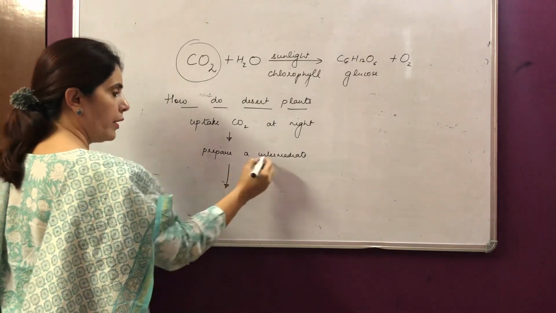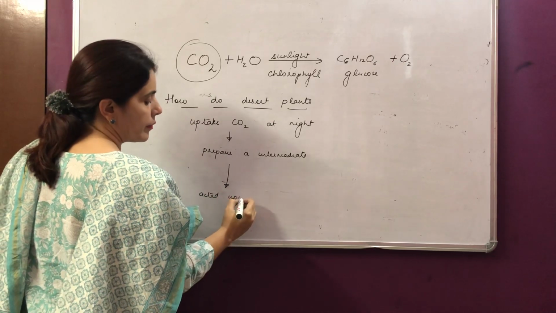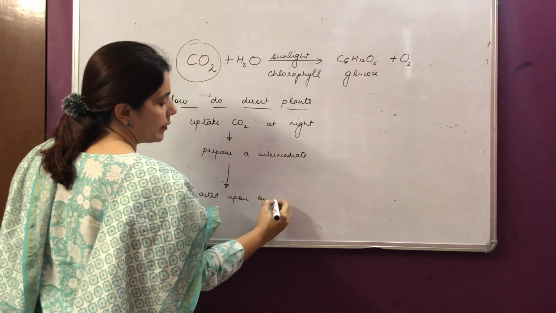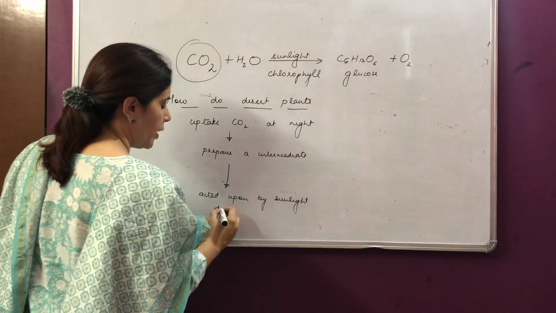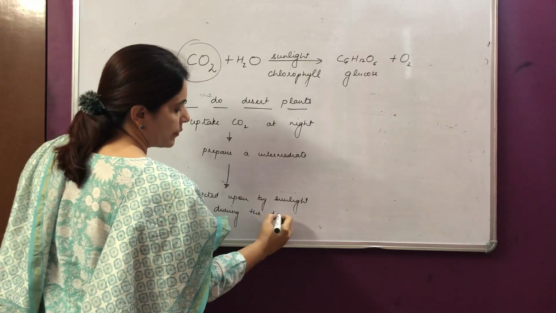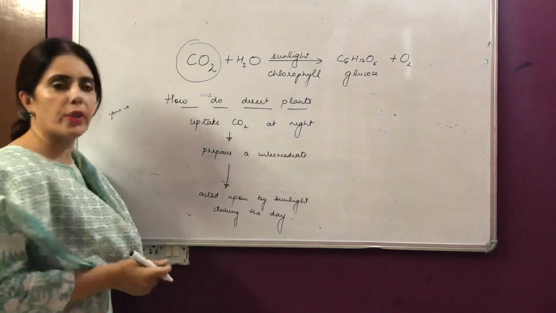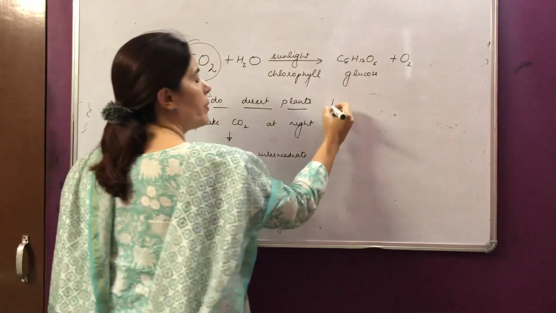This intermediate is acted upon by sunlight during the day. This is how they photosynthesize, and this is also one of the very important questions. How do desert plants photosynthesize?